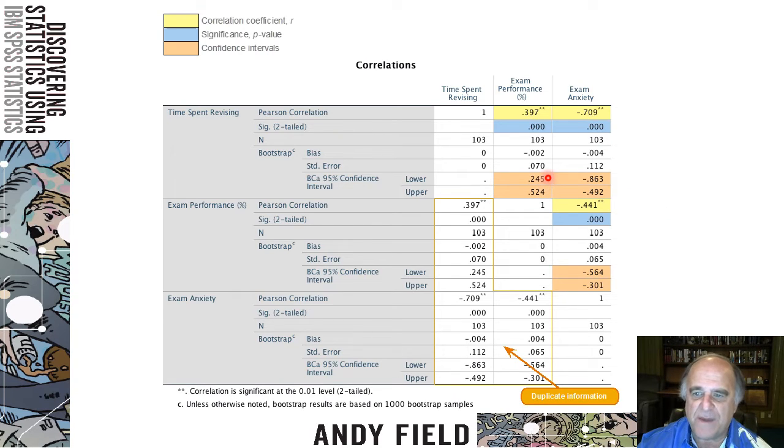So some people might argue that we're 95% confident, or maybe a different word, credibility or something like that, although credibility can have another meaning. We're 95% confident that the population correlation coefficient falls within this range.